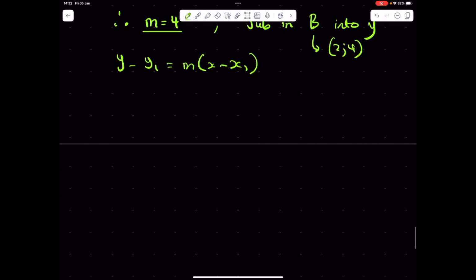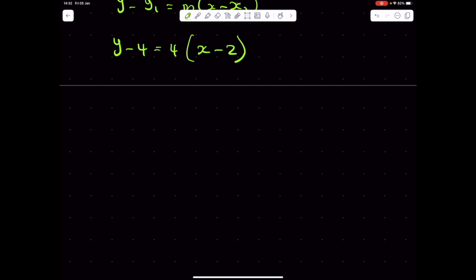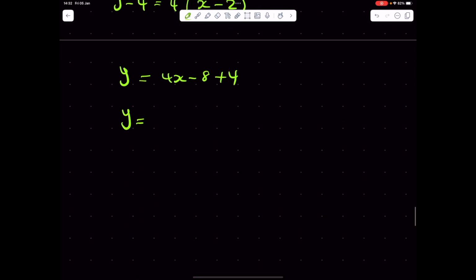So y minus 4 is equal to, what's the value of m? M is 4. So 4, open the bracket, x minus x1, which is just 2, right? And then we solve for that. Y is equal to 4x minus 8 plus 4. And then y would give you 4x minus 4. And that is the equation of the tangent.